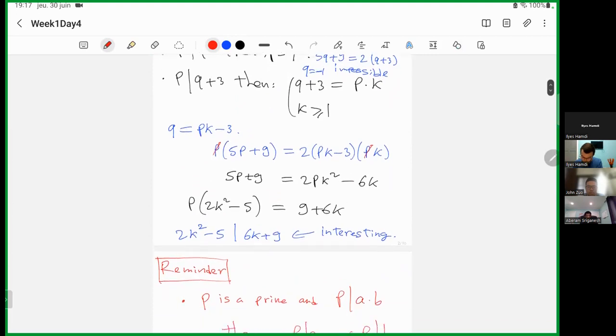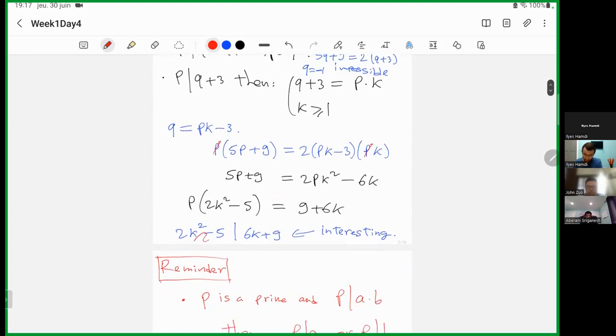What were we saying? Yeah, we were saying that 2k squared minus 5 divides 6k plus 9. And I was asking you guys, why is this interesting? Actually, none of those numbers apparently is a prime. So it's not the prime fact that is interesting.